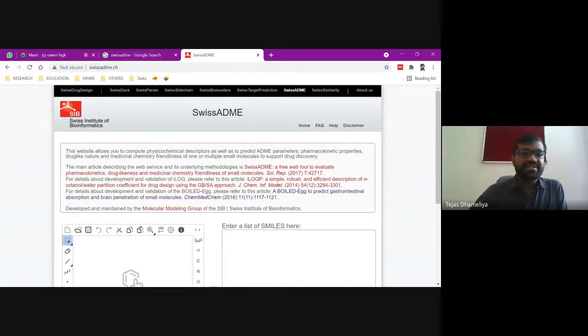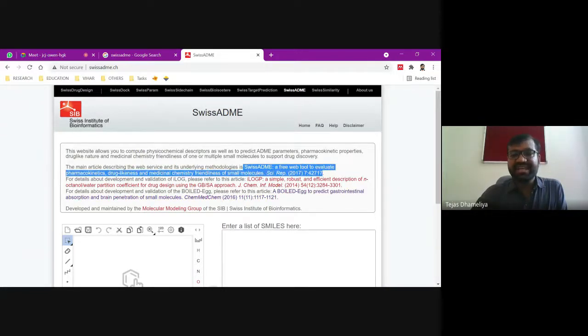It was developed by the Swiss Institute of Bioinformatics, and there is a literature available in Science Report which you can go to and download. It is a free web tool to evaluate the drug likeness and medicinal chemistry friendliness properties of molecules, especially small molecules.